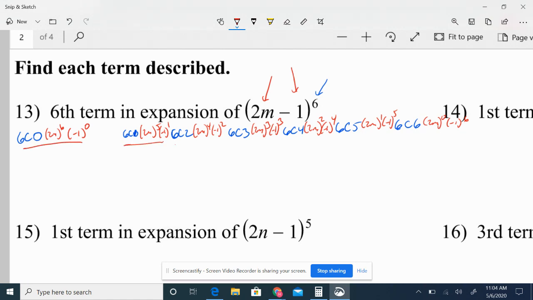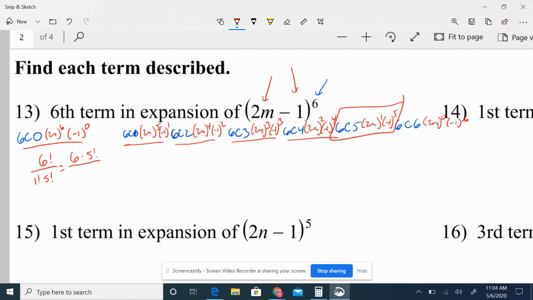Now here I'm asking for the 6th term, so I'm not asking for the first, 2nd, 3rd, 4th, or 5th. I'm asking for the 6th. First of all, let me find out what 6 choose 5 is. I'm going to have 6 factorial over 1 factorial times 5 factorial. 6 factorial is 6 times 5 factorial.